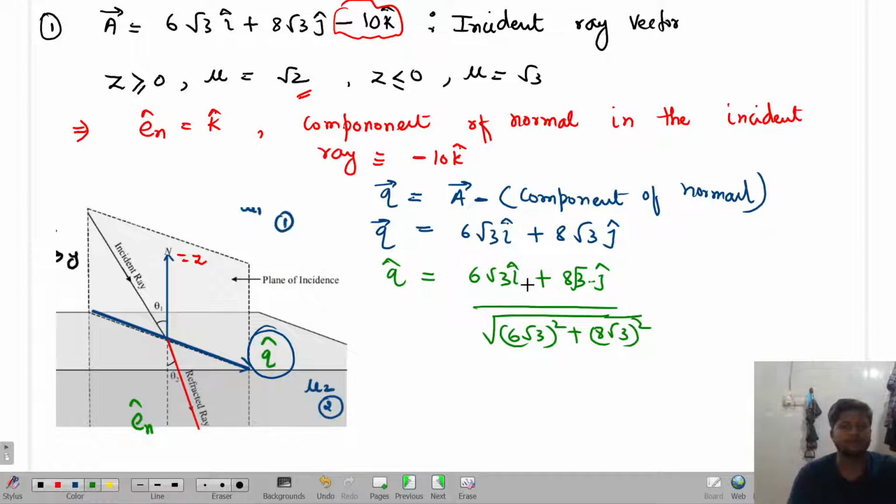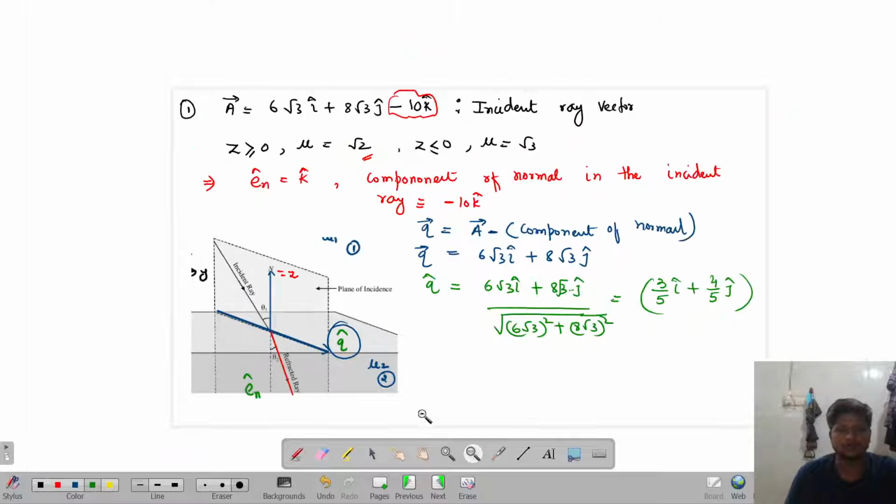Got it or not? If you do this, you are going to get your q cap. After solving, I'm not going to show the whole procedure, I'm going to write the answer directly. It is equal to 3 by 5 i cap plus 4 by 5 j cap. Got it or not? Can you solve this or not? Tell me yes or no. You can easily solve this.